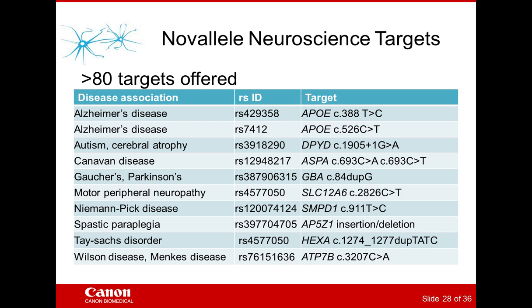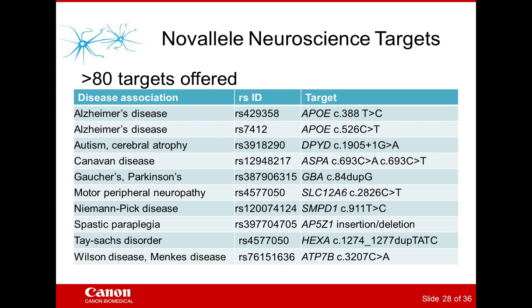So as I touched on, we have over 300 different genotyping assays, around 80 of which are related to neuroscience. So we have some in the GBA gene, not the first gene that a lot of people think of related to neuroscience, but there's been some research showing up in Parkinson's disease, as well as the HEXA gene, which we see in relation to Tay-Sachs.